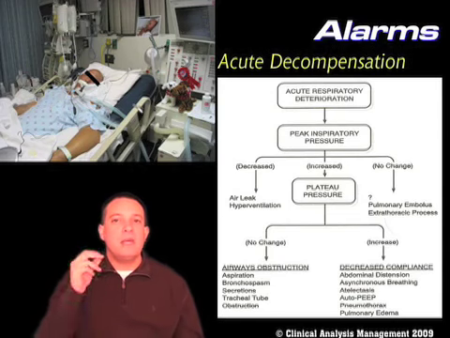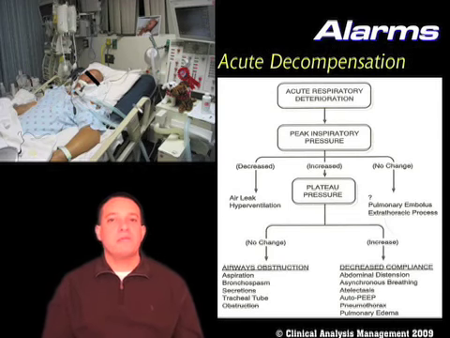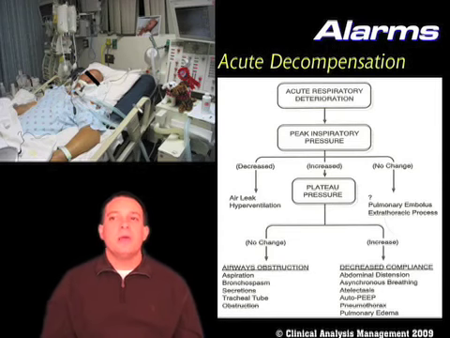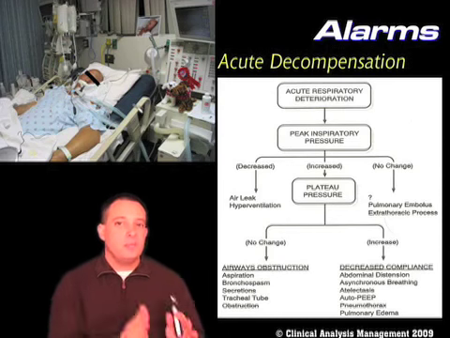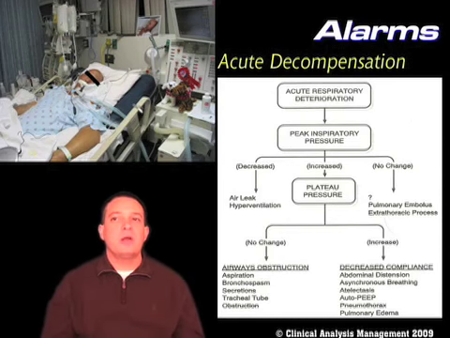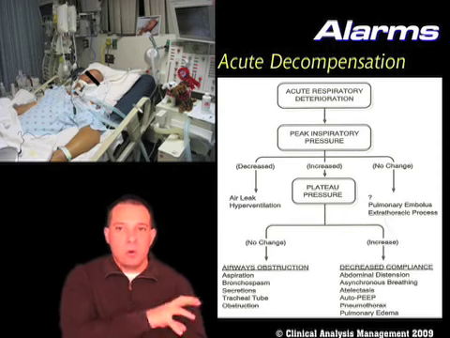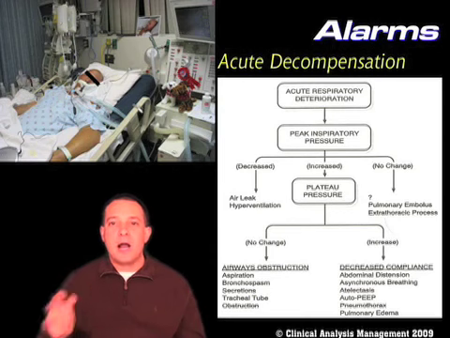Now, if the patient rapidly starts to deteriorate in front of you, if all of a sudden you see blood pressure plummet, they start looking terrible, heart rate shoots up, then the first thing we're going to go to is the peak inspiratory pressure. And we're going to ask ourselves, is the peak inspiratory pressure exactly where it was before? Is it lower, or is it higher?